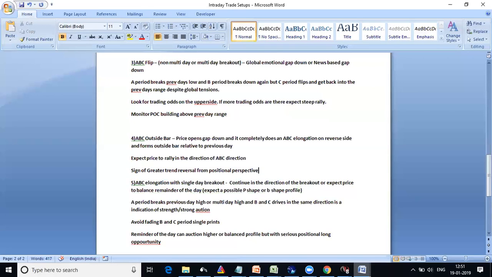If you are shorting this, you should be aware of it, right? So it is a sign of greater strength. Don't try to fade it. That is the first thing. Don't try to add to your positions, or maybe if you are holding, yeah. So expect a possible P shape, not B shape. B shape on the downside if it is. Yeah, expect a P shape profile.